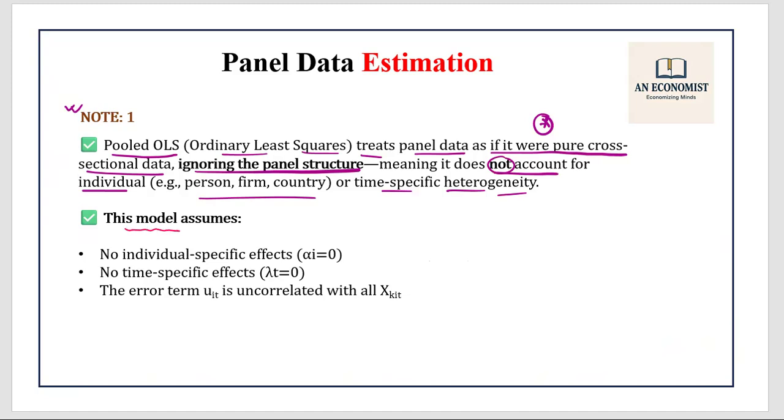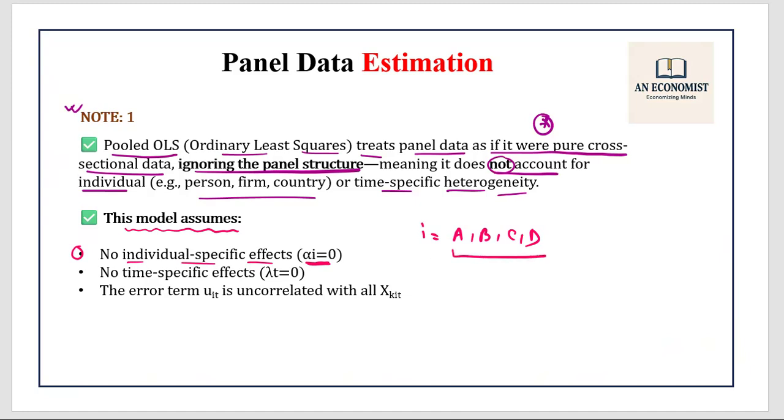Now, what are the basic assumptions of this model? First is no individual-specific effects, as I've told you. It is usually denoted as alpha i, where i denotes the individual. In our example, i is A, B, C, D, simply the four firms that we are considering.